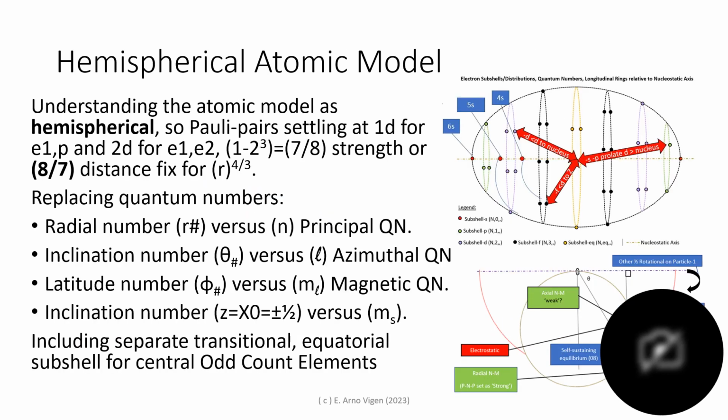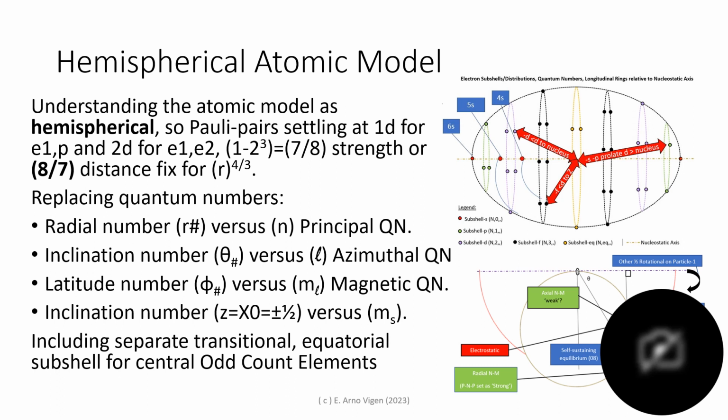Now, all this follows from a hemispherical model of the atom. Basically, for every electron in one hemisphere, there's a matching electron locked at 180 degrees, or pi radians.